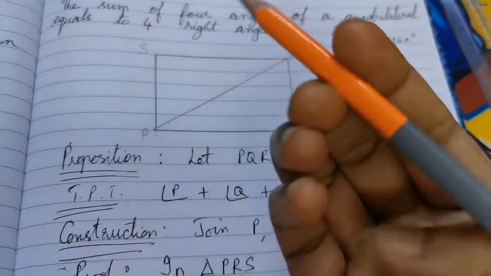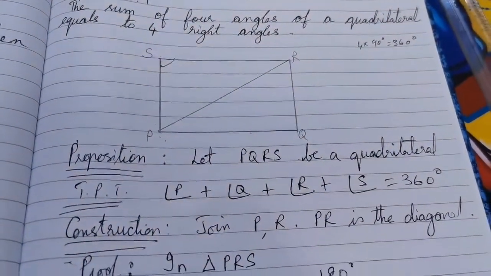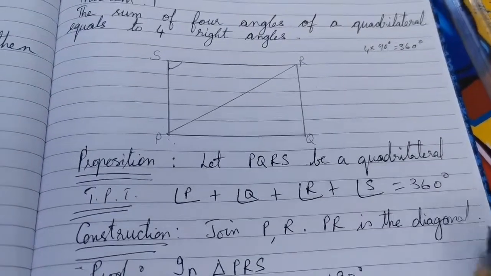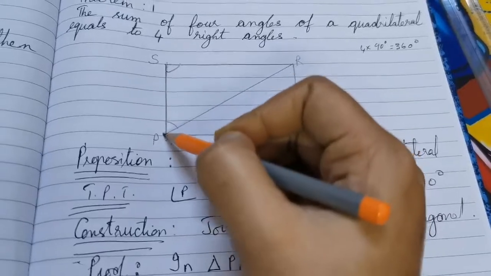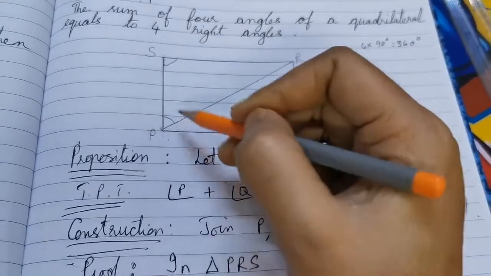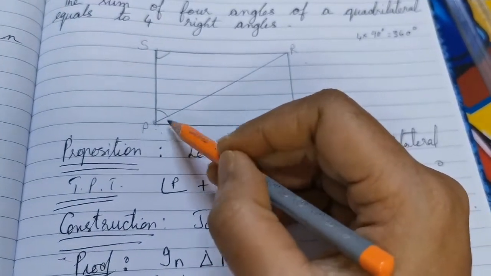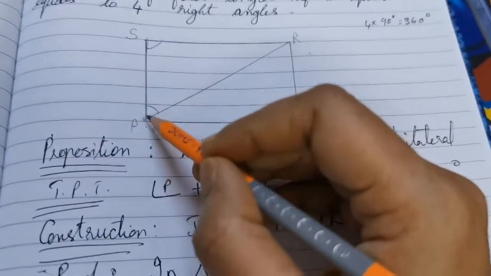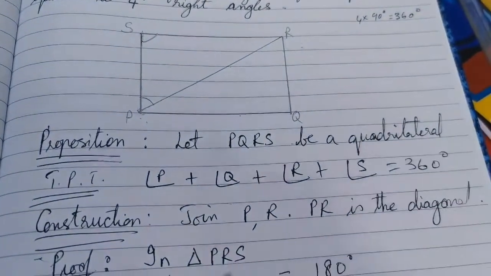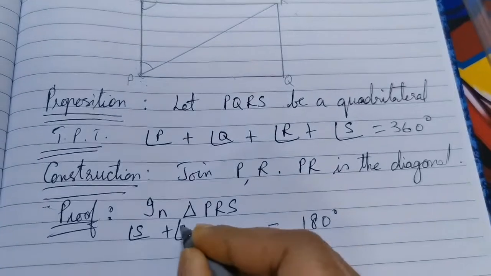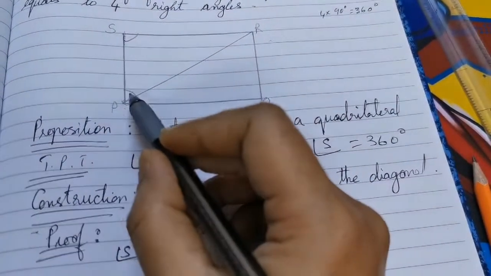I have an angle S, plus the next angle, which is SPR. I don't have the entire angle P. I have only a part of angle P, which is SPR. Now I have two angles.